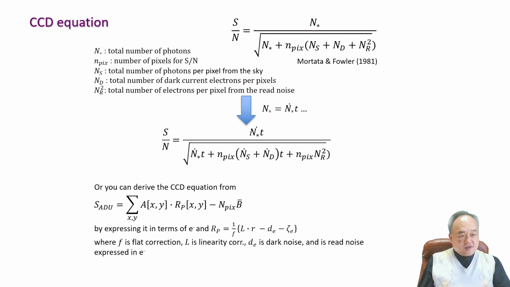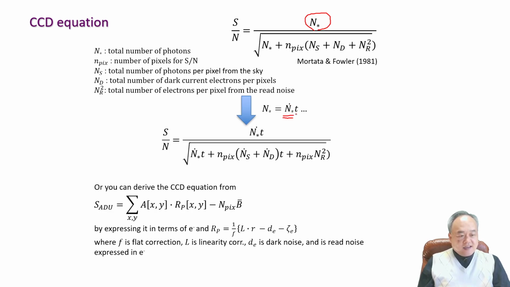So let's express this final recorded source count in terms of exposure time. To do so, we introduce a constant, the count rate from the source. Your object is producing a certain number of counts per second, which is expressed as n dot of star, n star dot.